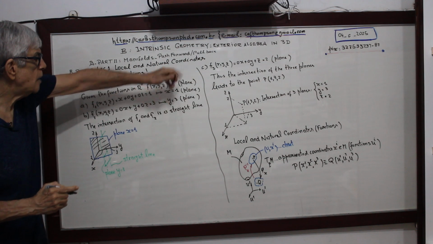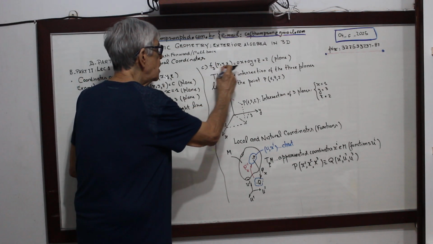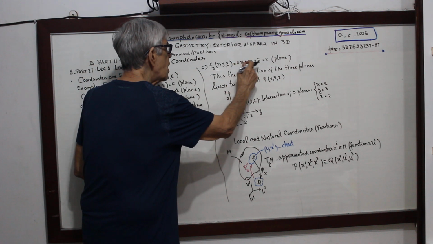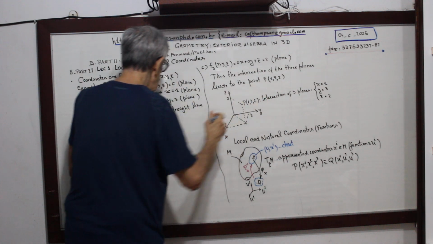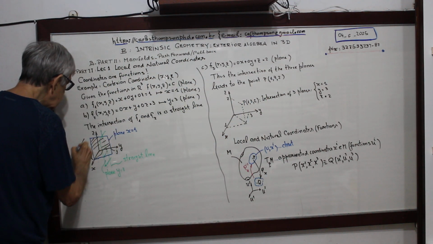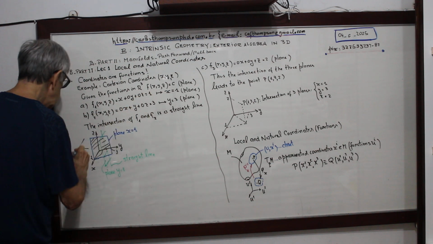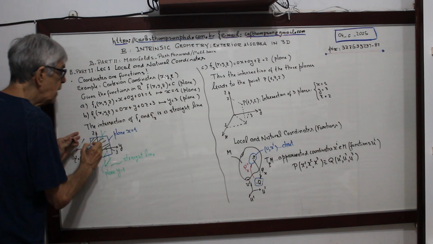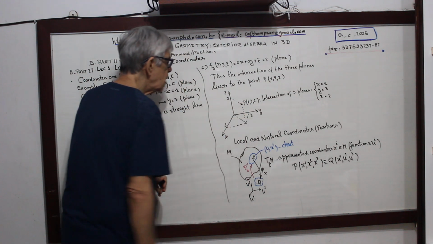Now, I can see the function f3, 0x plus 0y plus z equal to 2, is also a plane. You see? Now, if I intersect by a plane, in this case z equal to 2, this here will be this point here, okay?